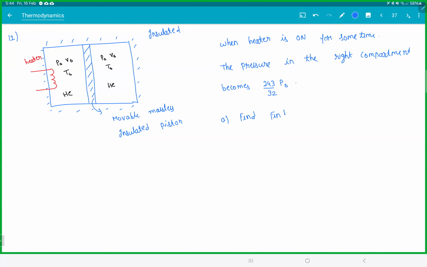Find the final temperature of the gases. And find the heat supplied.